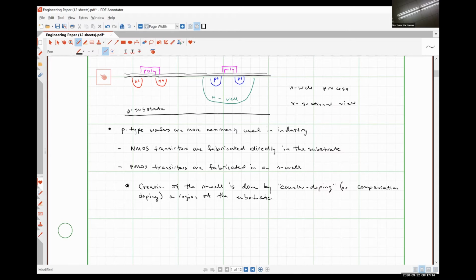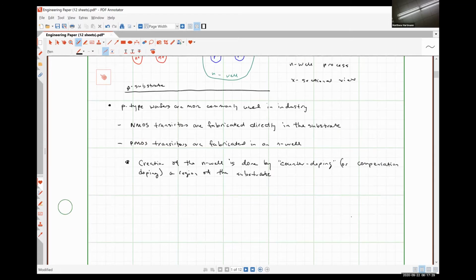In order to put an N-type anything in a P-type substrate, we need to exceed the doping level of the substrate itself. For example, let's say that we have a doping level of 1 part per million acceptor atoms in our substrate. Let me write this down.